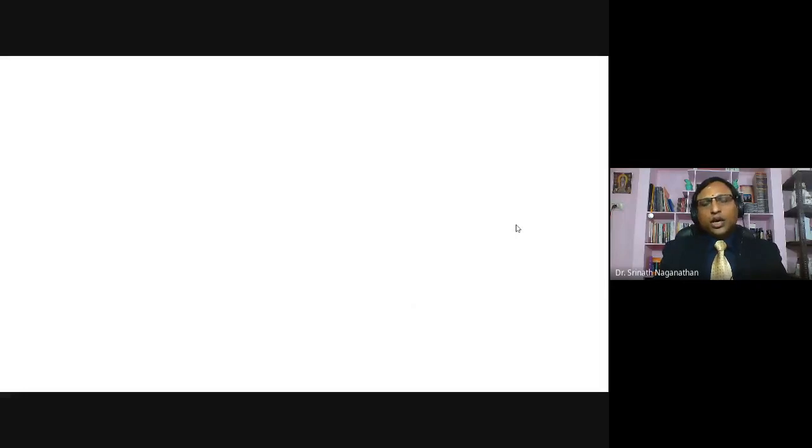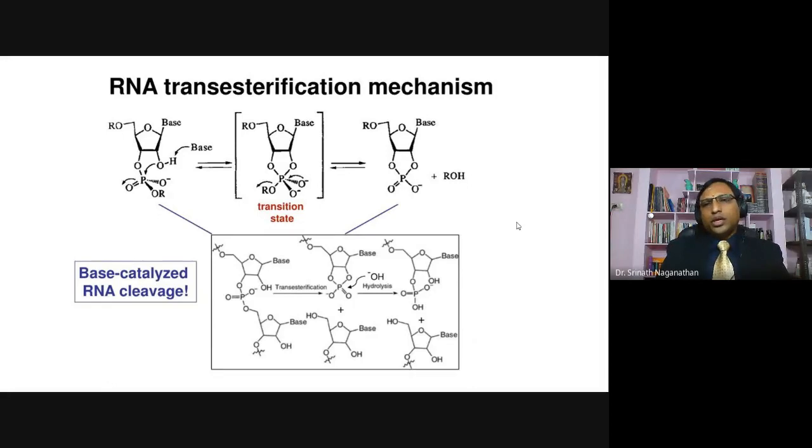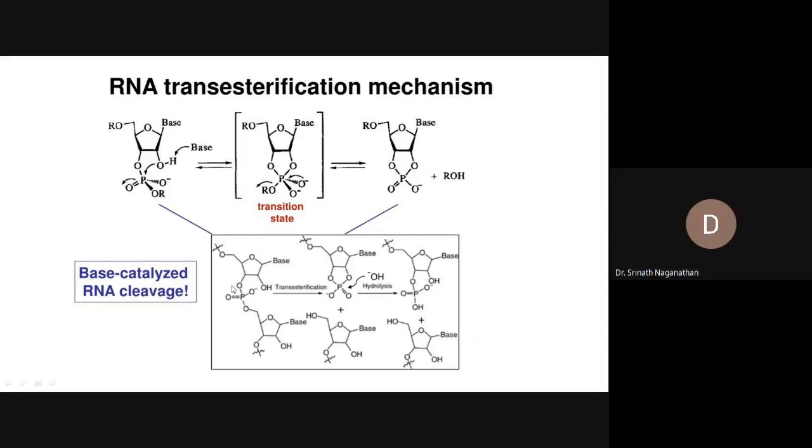Let's see the structures, how they are formed. You can see the trans-esterification process taking place in the RNA, as I have shown here in this diagram. It is actually the esterification process which is involved here. First, you can see we have two bases, linked by the 3' to 5' phosphodiester bond.